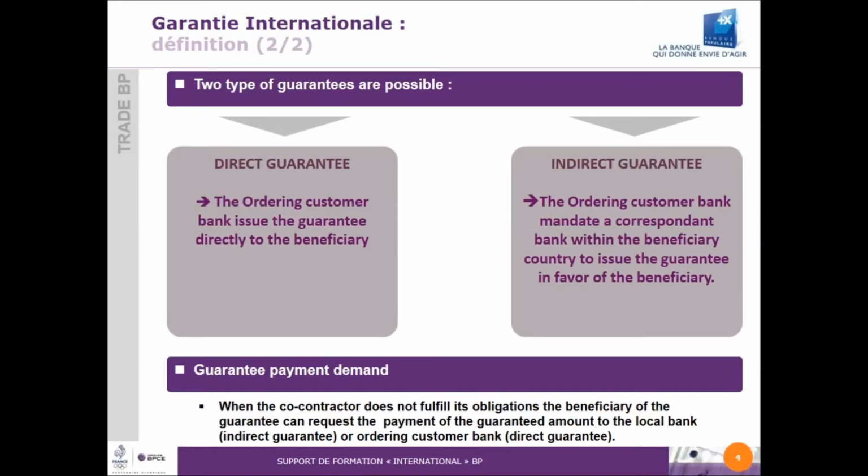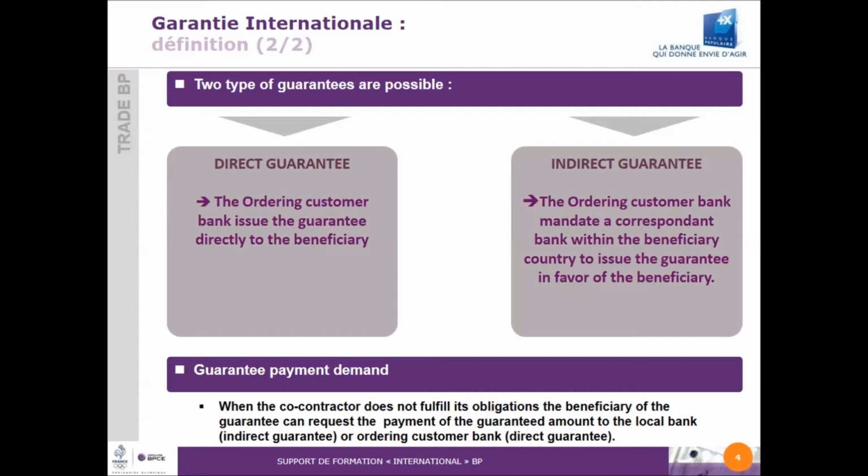There are 2 types of guarantees. A direct guarantee is usually made in some countries, and it also depends on the type of bank you have. If it's a very big bank that is widely known in the world, then you may be able to make a direct guarantee.